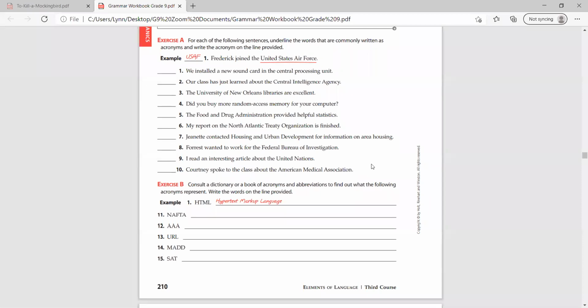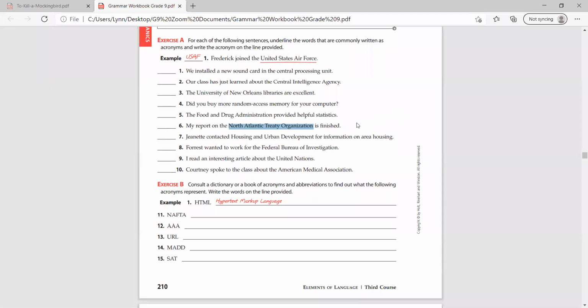My report on the North Atlantic Treaty Organization is finished. What words in this sentence would you turn into an acronym? For number 6, North Atlantic Treaty Organization.